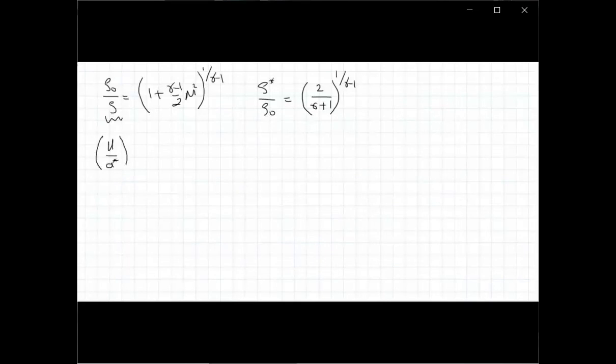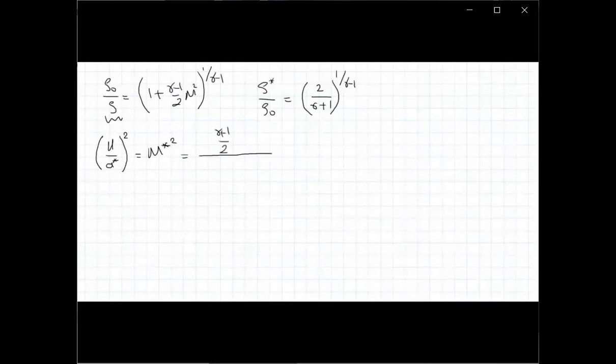This u over a star is what we defined previously in our face-to-face classes as M star. If we take the square of it, we have M star square, which is a function of only the flow Mach number, which we have derived previously also.